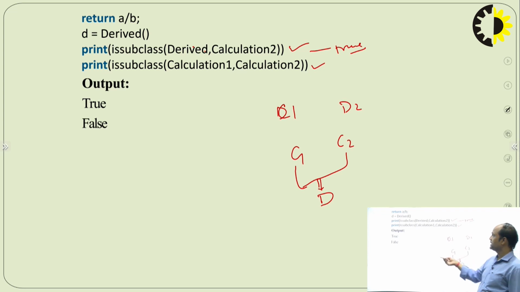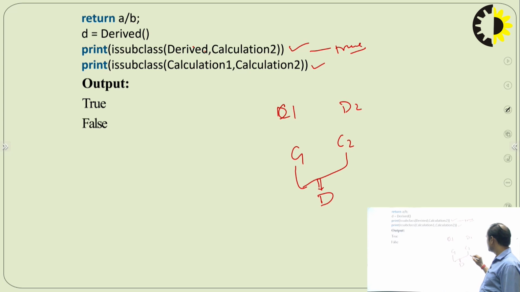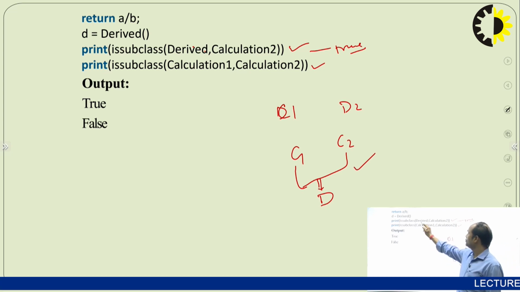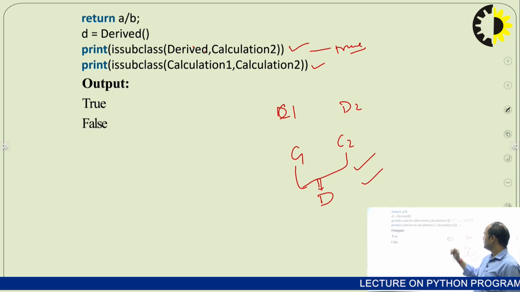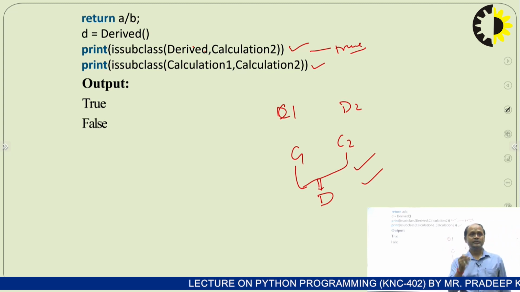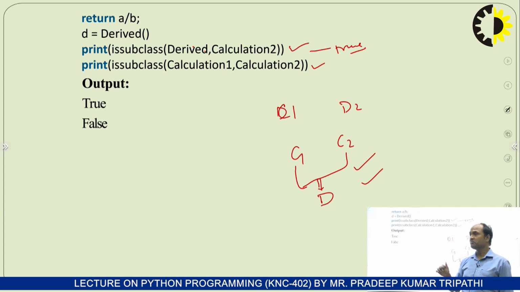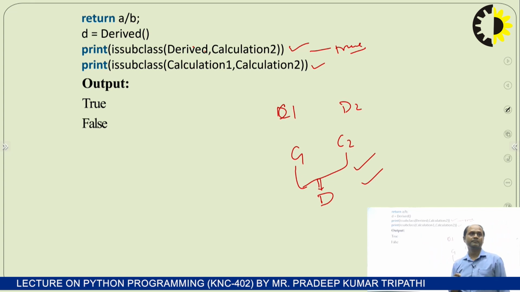If we check issubclass derived calculation 2, it is true. If we use derived calculation 1, it is also true. But when we talk about C1 and C2, that means calculation 1 and 2, calculation 1 and 2 are not derived classes of each other. So this statement will give false.